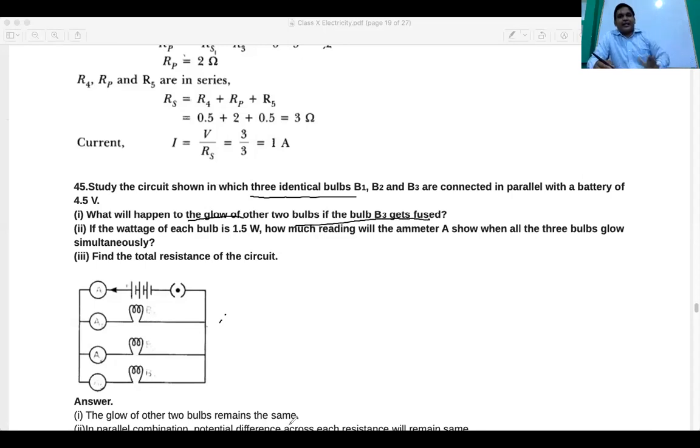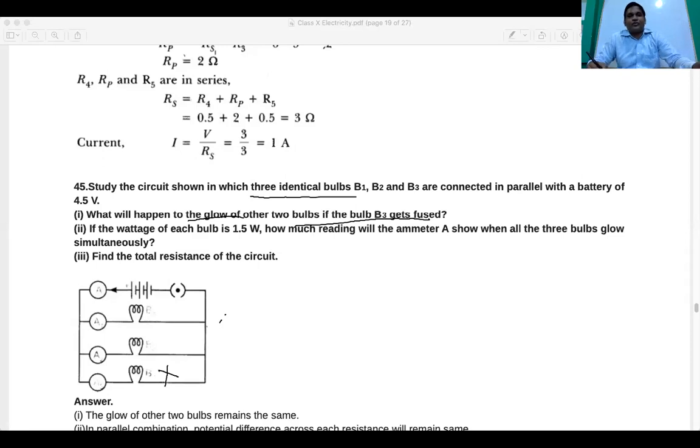Let's see here. They are saying that these are identical bulbs. So if these bulbs are in parallel, let's say this is B3.